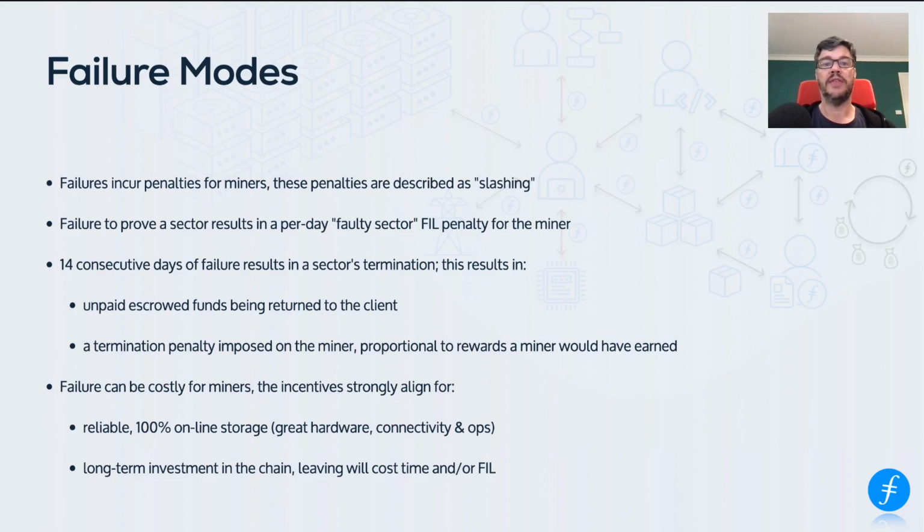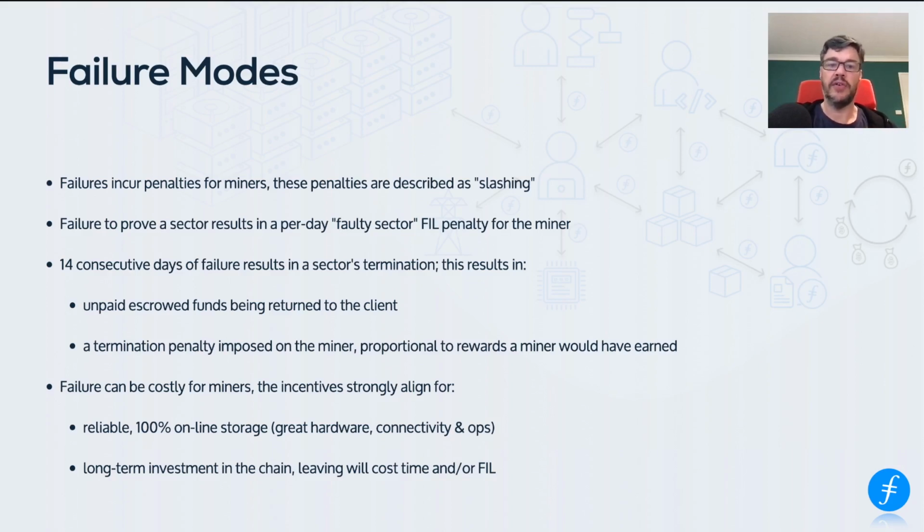The incentives align very strongly for reliable 100% online storage. So great hardware, connectivity, ops, the whole lot. So this system really aligns for solid storage, not just some guy with a dodgy modem and a hard drive to spare. This is about serious storage on very large scales.